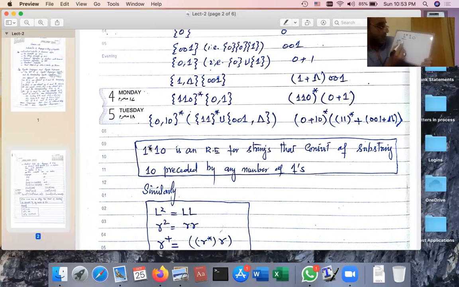If I open it, the elements would be: first I can produce null, then if I repeat it one time with power 1, it would be only 1. If I repeat it 2 times, then 11 would be produced. If I repeat it 3 times, then triple 1 could be produced, and so on. This is the explanation of one star.